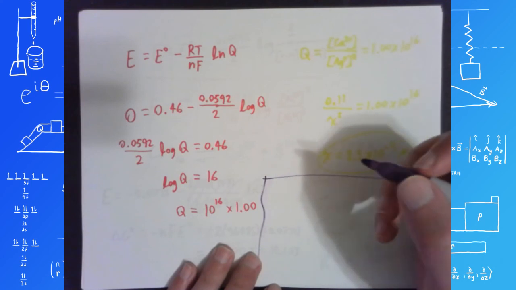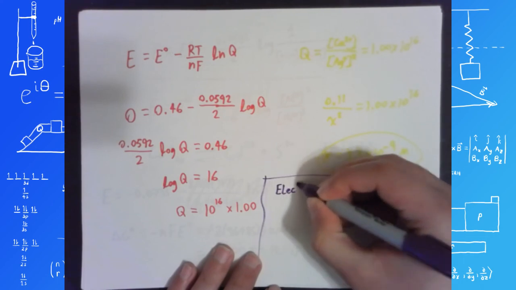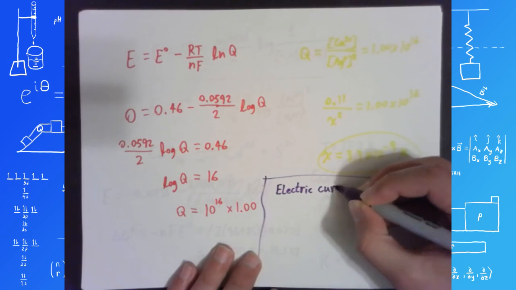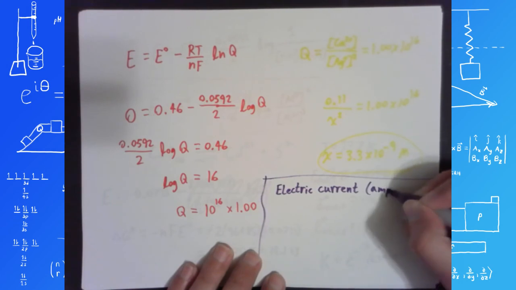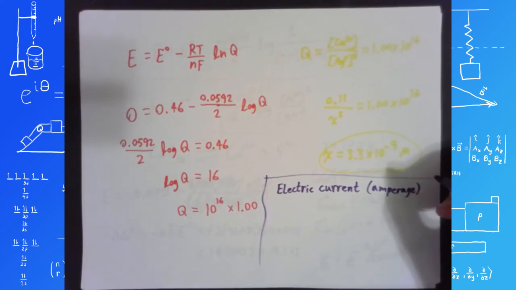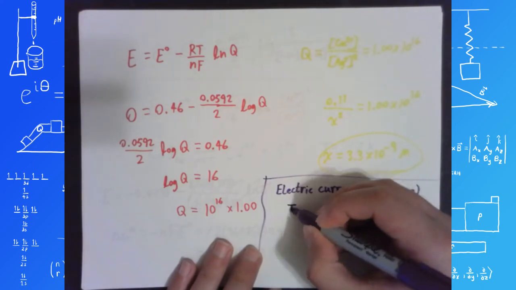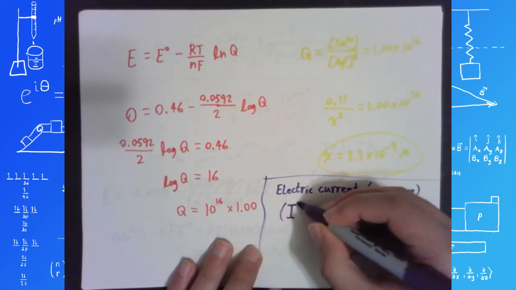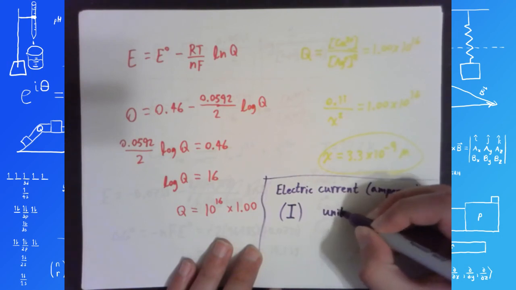First off, you would need to know the electric current, which is sometimes also called the amperage. Electric current you can learn about more in a physics class, but it's measured in units of amperes. Usually it's given the symbol I. So electric current is represented with the symbol I, typically in units of amperes.